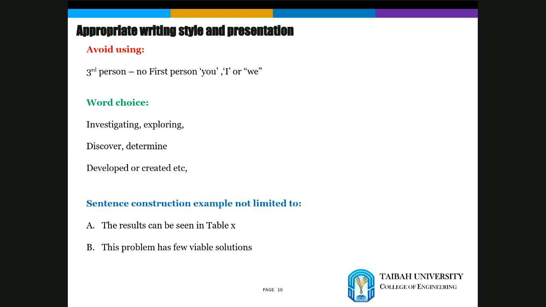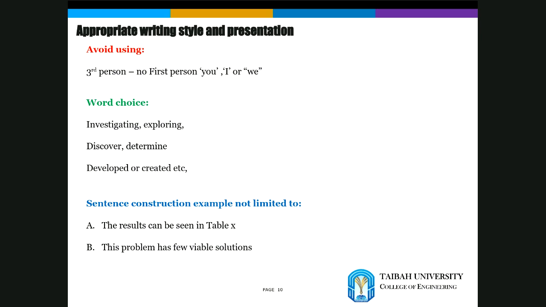So avoid using the first person, like you, I, we. Use the third person. The researcher said, the researcher found, the expert found. Avoid using you, I, we, the first person, please. Here are some examples of strong words that make your evidence and results stand out: exploring, investigating, discovering, determine, find out, developed, created.